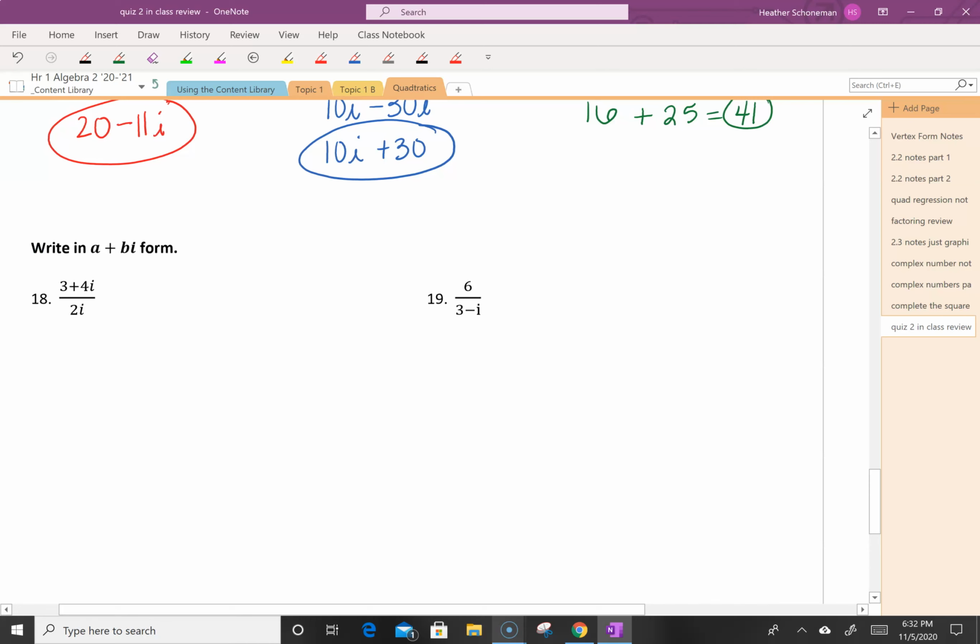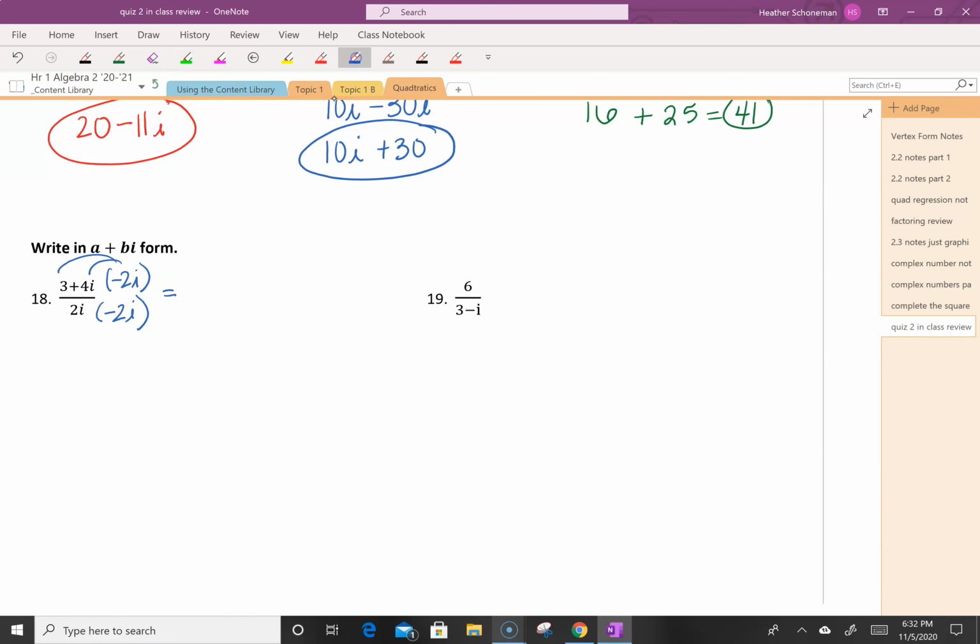All right, the last thing that we can do with complex numbers is to write them in this a plus bi form. Now the nice one is when the denominator is just an imaginary number. To do this, the next thing you need to do is just multiply the bottom by the opposite of the imaginary number, and the top. On the top, I'm going to have to distribute. So, oops, that is not at all what I meant to write.